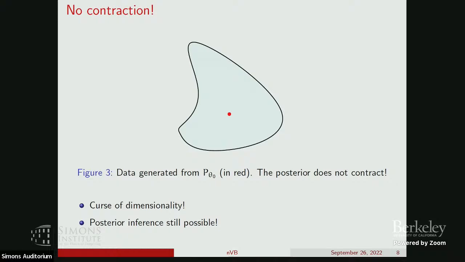But it's not uniform. It's still peaked around the truth, and you still want to understand its properties. That's what I want to get at. The fact that you have this entire diffuse distribution is an effect of the fight between the dimensionality of your parameter space and the number of data points you have. Things are exactly balanced.